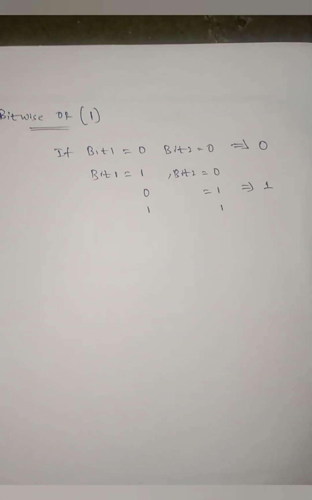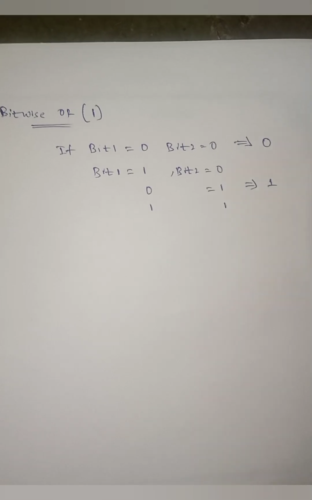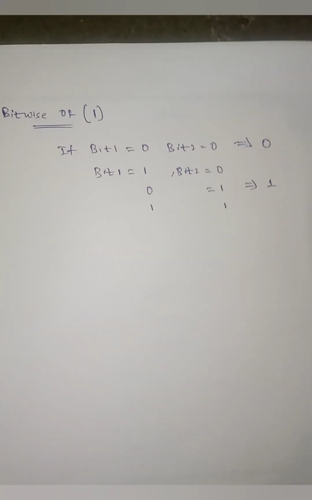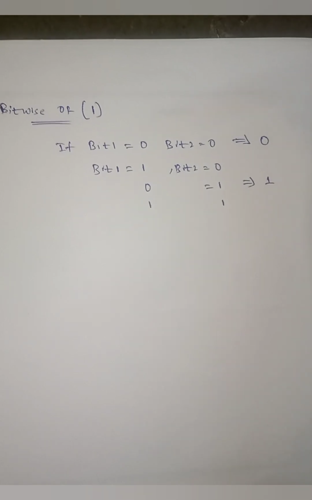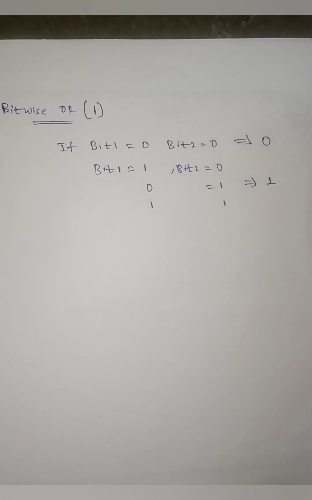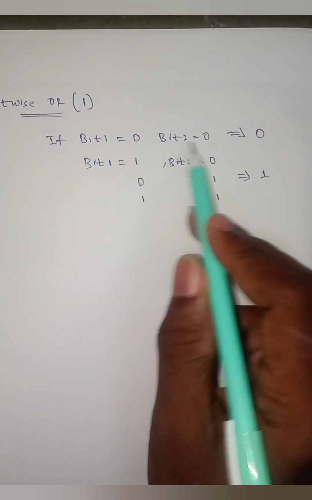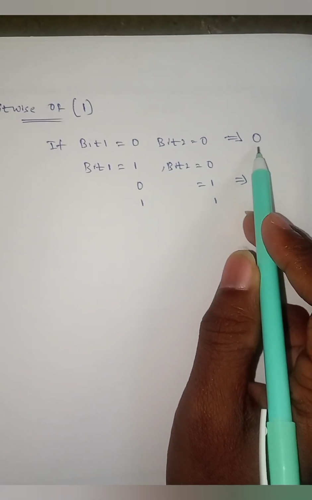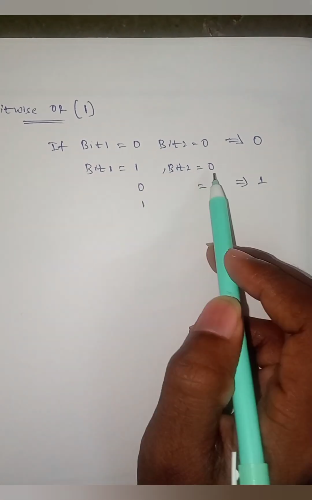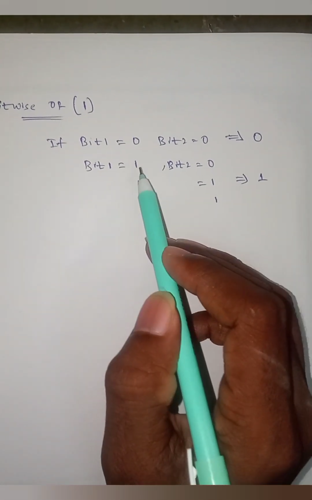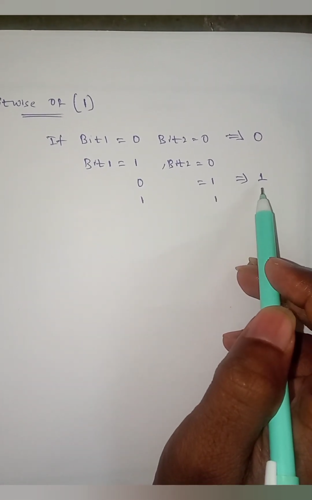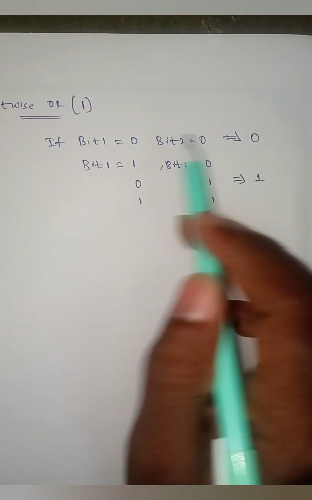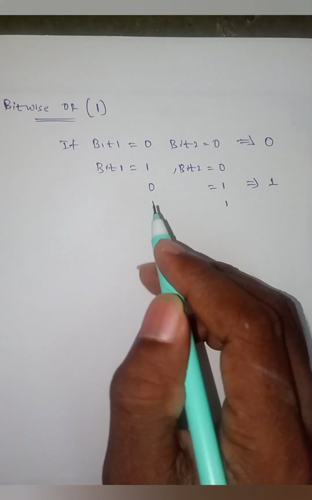In logical OR operation, we have seen if both the boolean values are false, then the output would be false. Similarly, here in the bitwise OR operator, if both the bits are 0, then the output would be 0, and in the other cases, that is if one bit is 1 or if both the bits are 1, then the output would be 1. So this is bitwise OR operator.